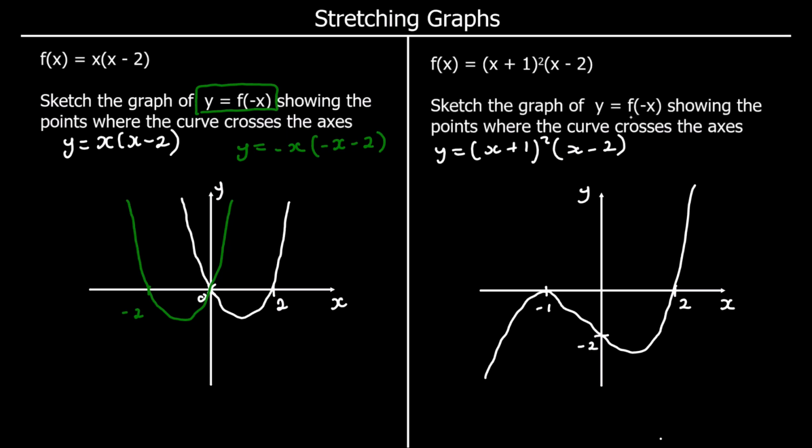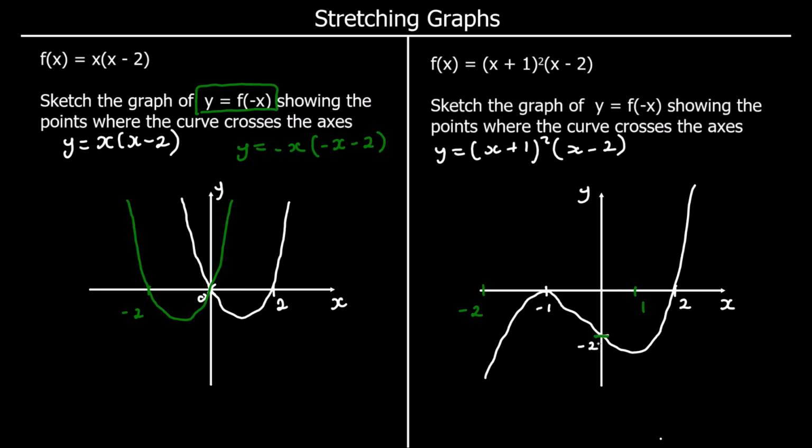We've got f of -x. So the positive x's become negative. So this 2 is going to become -2. The negative x's become positive. Our -1 is going to become 1. And it's still going to be going through the y at the same place.